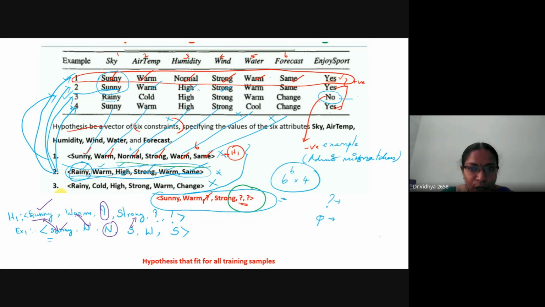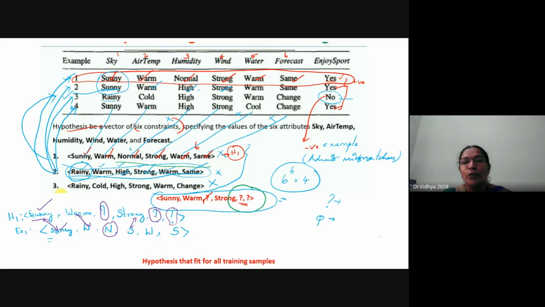Then the fifth attribute is warm, and the sixth attribute is same. In this first example, if you take warm and same, then it is getting mapped. But if you move to further examples, there are some changes, so the general hypothesis which is suitable for all the examples has a question mark for these two attributes. Why do we have a question mark?